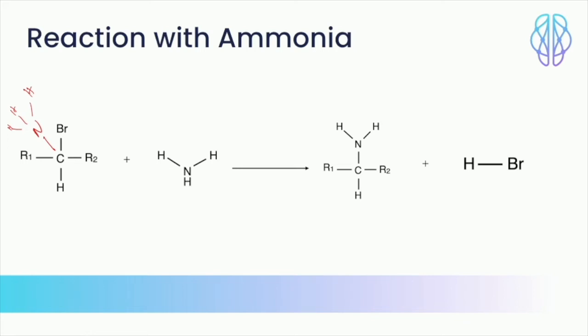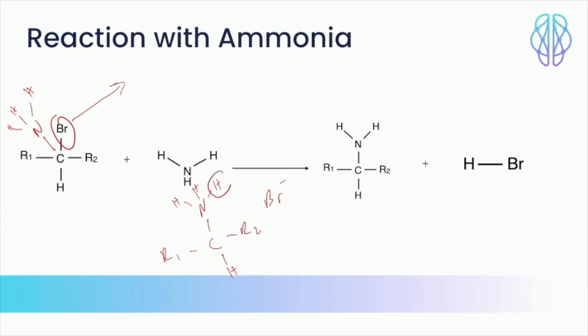So like with all nucleophilic substitution reactions, the nucleophile takes the place of the halogen, so the bromine boots out. So this is the intermediate that you have, so carbon. And the bromine's being booted out.